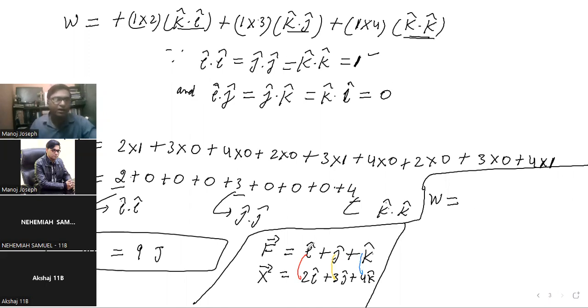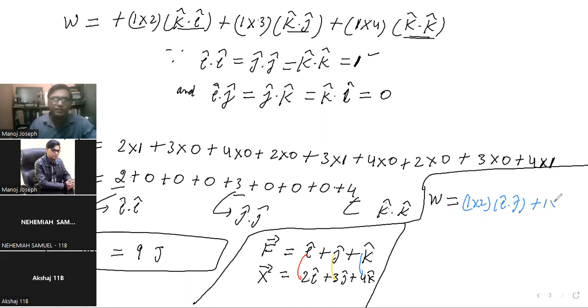So the scalar of i here is 1 and in the displacement it is 2. So you will write 1 into 2, and i to i means i cap dot i cap. Now plus, scalar of j is 1 in force and in the displacement it is 3.